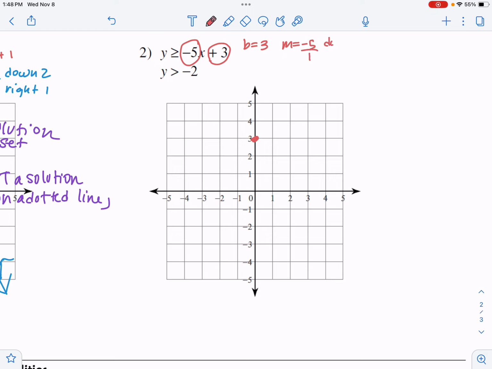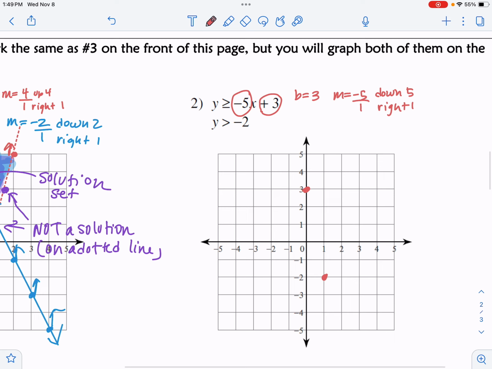And so we're going to go down 5, right 1, down 5, right 1, and that's all we can fit on here. And this time they did take the time to draw the line, so we're going to take the time to do a solid line. So solid. And once again, it's a backwards L, and so it's going to be above.